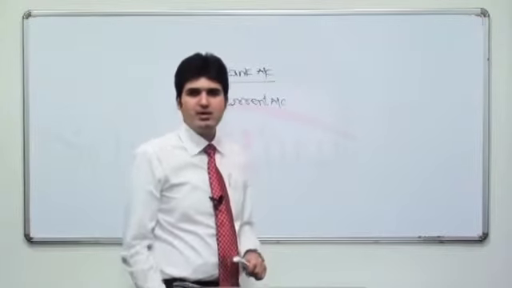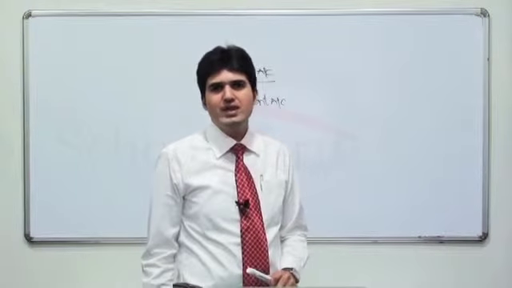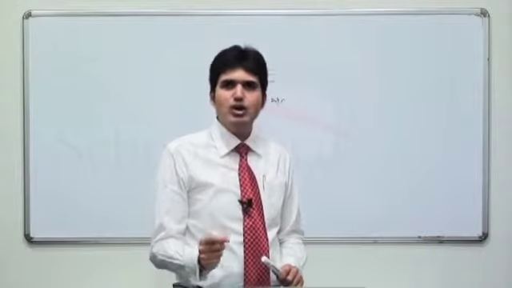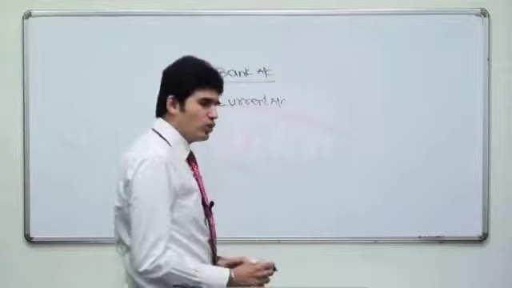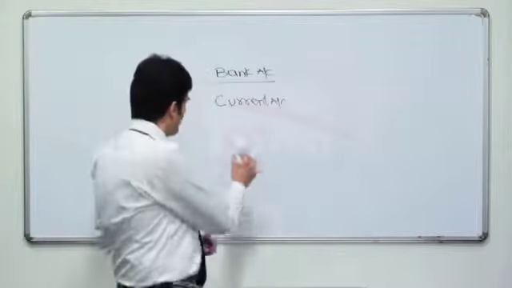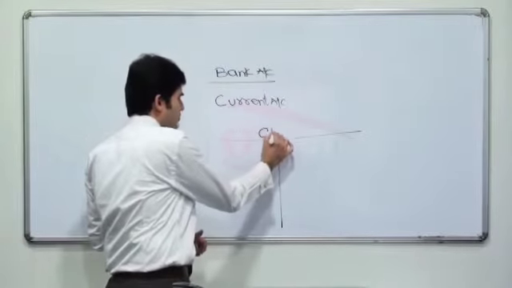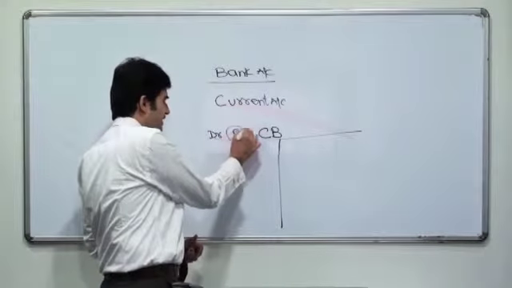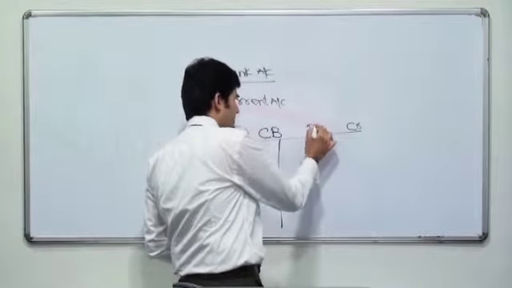So for this chapter, which part of the cash book is most important? For this chapter, bank column, I repeat, bank column of the cash book is most important. I will just draw a rough format of the cash book over here, and make you understand it in a better way. Let us say this is a cash book. Debit side is nothing but the receipt side, and credit side is nothing but the payment side.